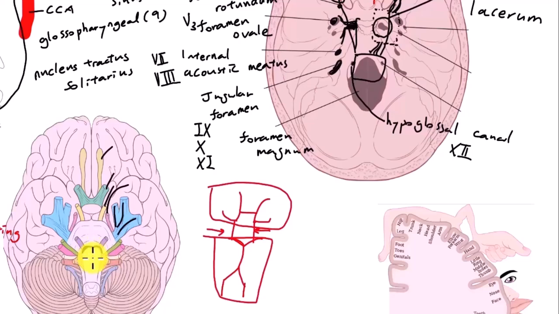So this is a pyramid, this heart-shaped middle portion of the medulla, and lateral to it are olives. Right behind that olive starts the glossopharyngeal nerve. Underneath it, vagus nerve, and underneath it again lies the accessory nerve coming down the spinal column to the C5. Between the pyramids and olives lies the last cranial nerve, the hypoglossal nerve.